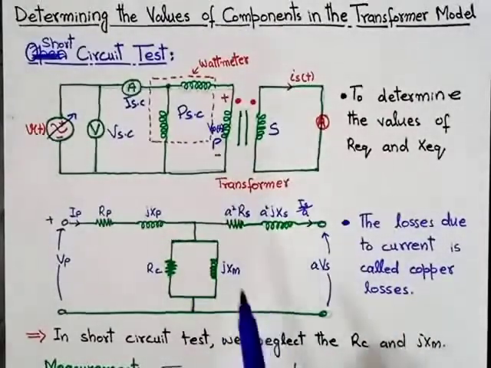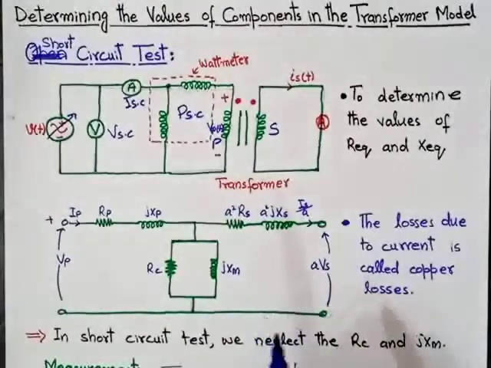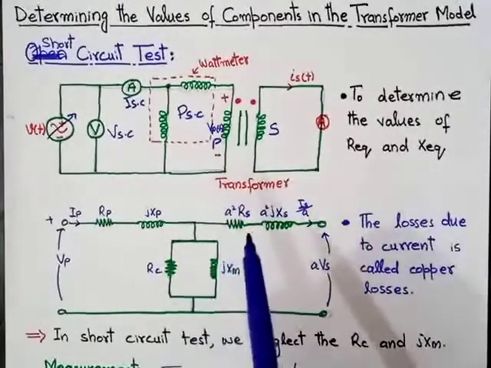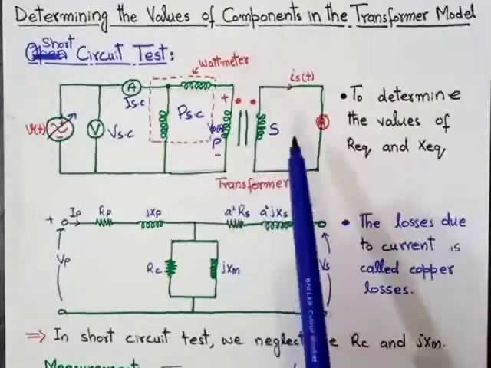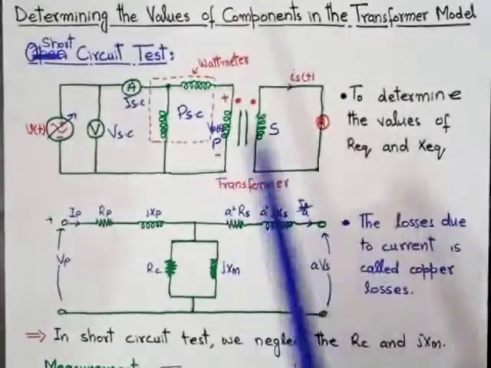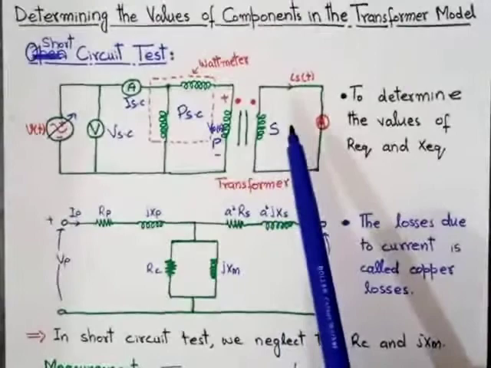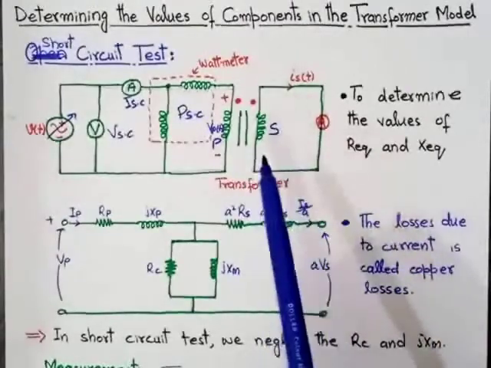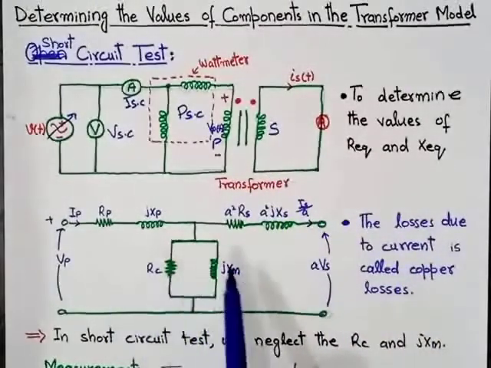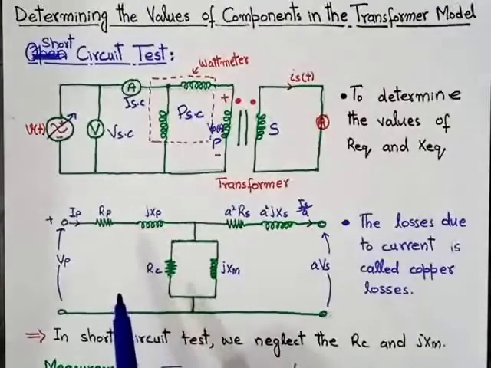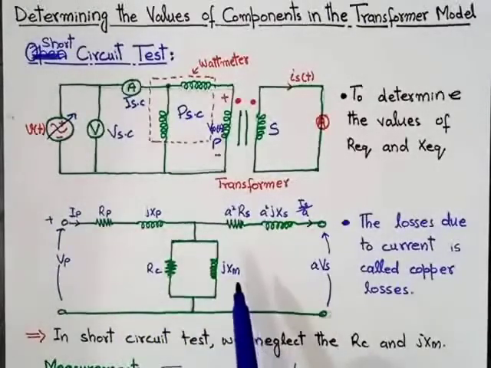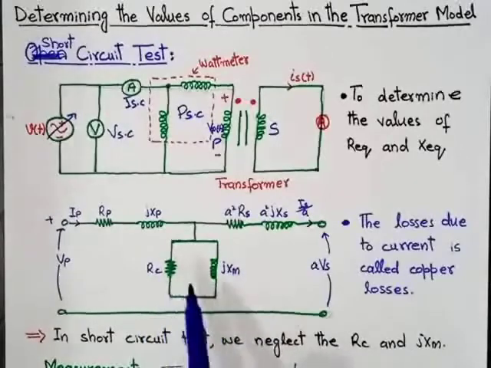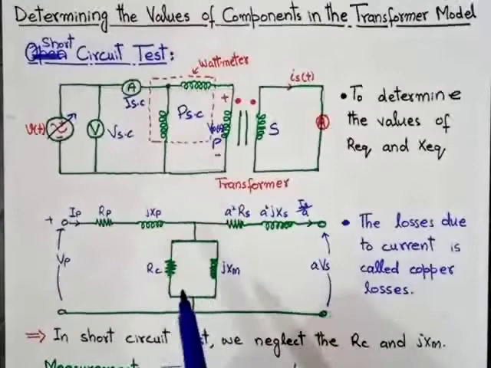So when the current is maximum in case of short circuit, as we know, the value of the voltage will be very small or approximately 0. When the voltage is 0, we can neglect the parameters RC and XM, because in case of short circuit the voltage is very small.